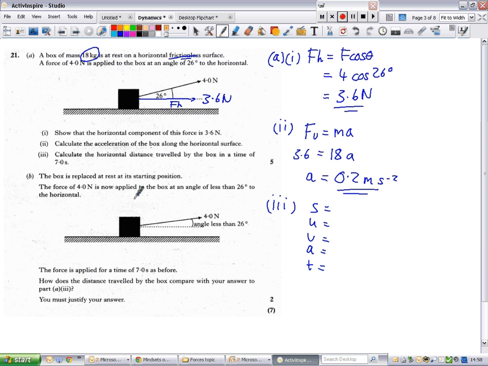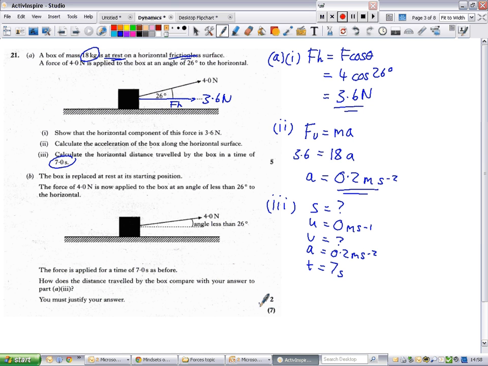So we're looking for horizontal distance, we don't know what that is. U, it starts from rest, it's mentioned at the start there, so this is 0 meters per second. V, we're not sure of, we don't have a value for V. We do have a value for A, it's 0.2 meters per second squared, and we're given a time of 7 seconds here.